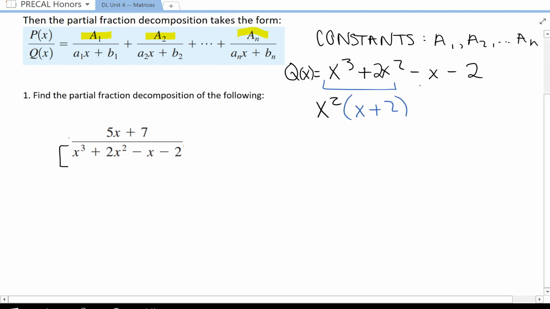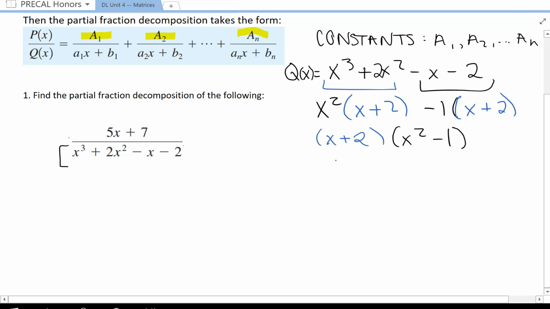And from these two, I'm going to take out a negative 1, so that I'm left with positive x, positive 2. In each of these pieces, x plus 2 is a factor, so x plus 2 times x squared minus 1. We can actually factor x squared minus 1 one more time. We get x plus 1, x minus 1 as our difference of perfect squares. That's how we factor our denominator.